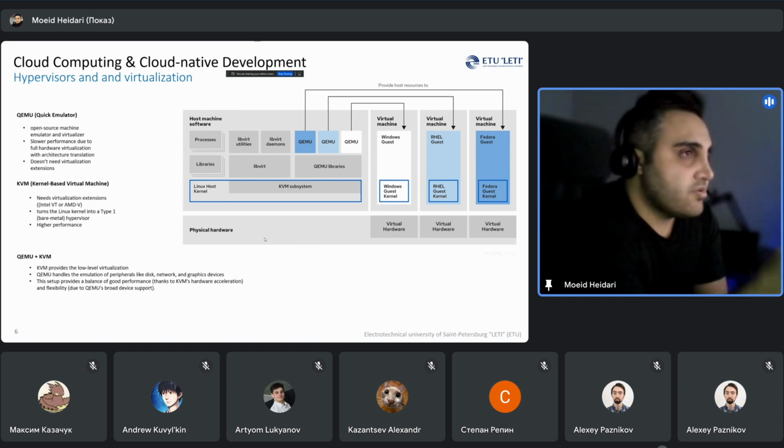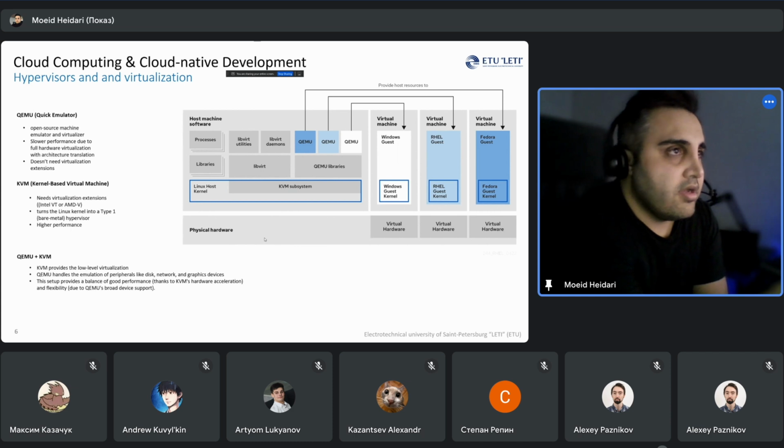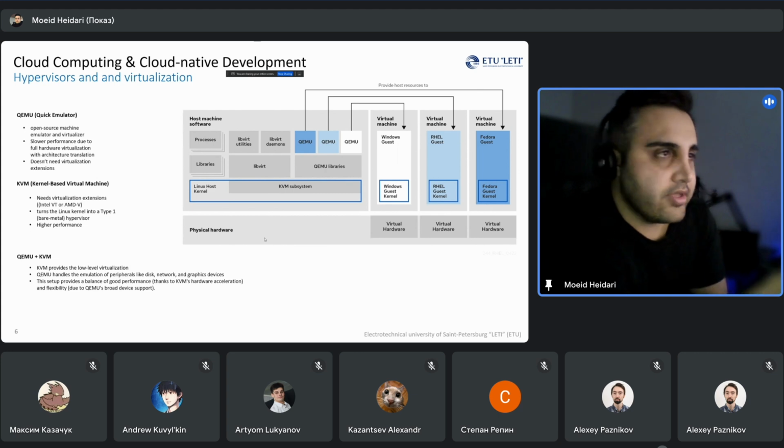But the trade-off of using QEMU without KVM is that QEMU will be responsible for the architectural translations of the binary execution.